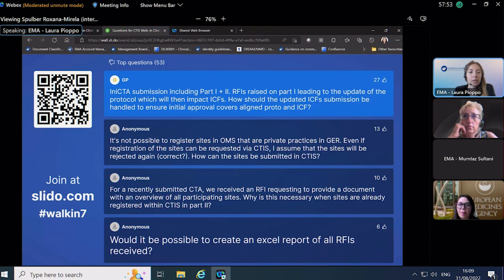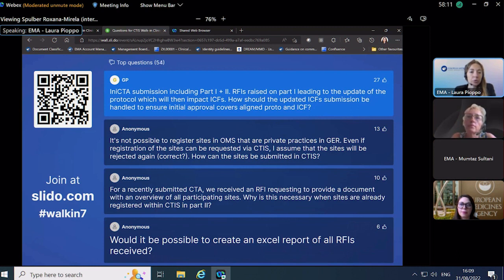The only way for the sponsor to update the dossier in part 1 or part 2 after the submission of the initial application is if there is an RFI raised by the member states.